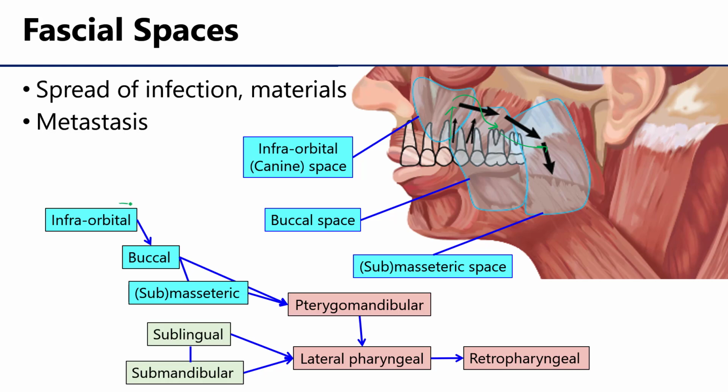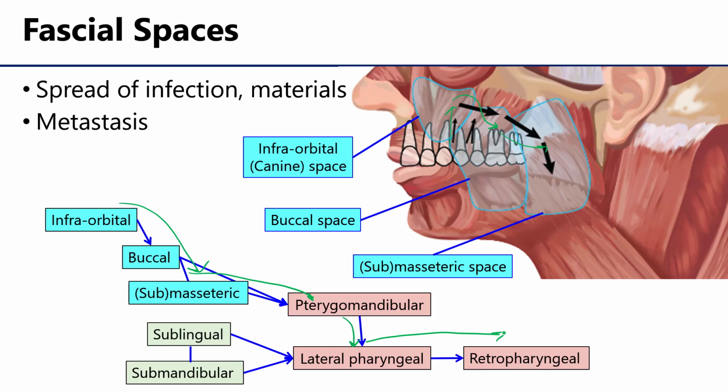So this is just this pathway here. They can also move into the pterygomandibular space, to the lateral pharyngeal space, and into the retropharyngeal space.